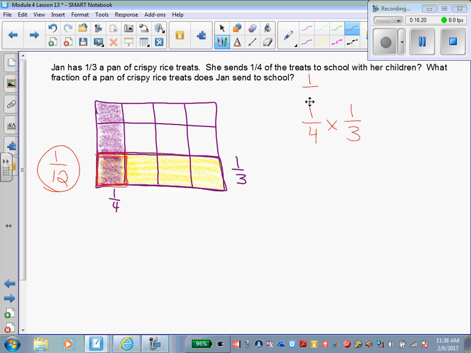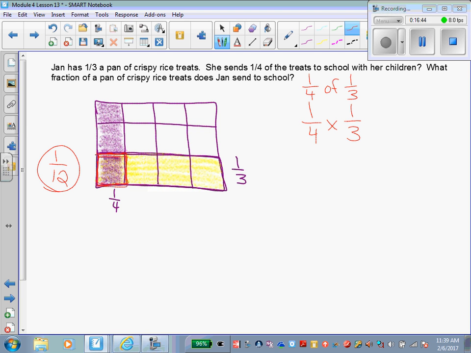Okay, so you're saying 1/4 of 1/3, but why 1/4 of 1/3 and not 1/3 of 1/4? Okay, so she sent 1/4 of the 1/3 that she had.